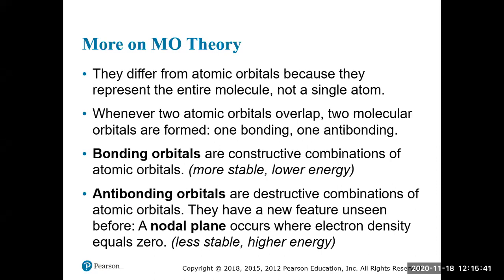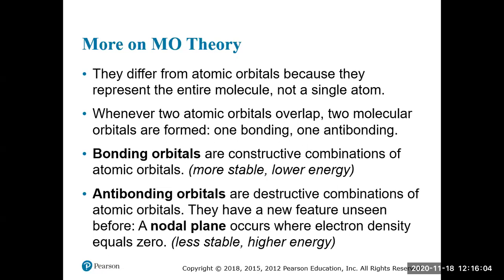We call one of those a bonding orbital and one an anti-bonding orbital. The bonding orbital is a constructive combination of atomic orbitals, and what that means is it's a more stable situation. And that orbital will be lower energy, because remember, we always want to be at the lower energy to make something the most stable.